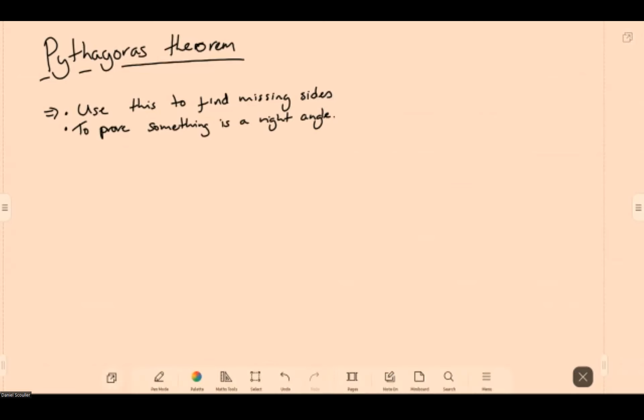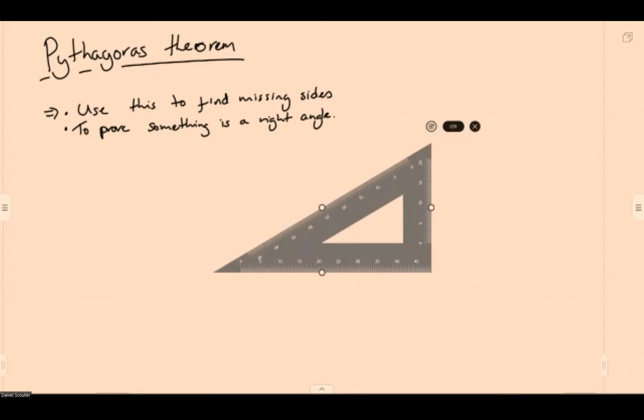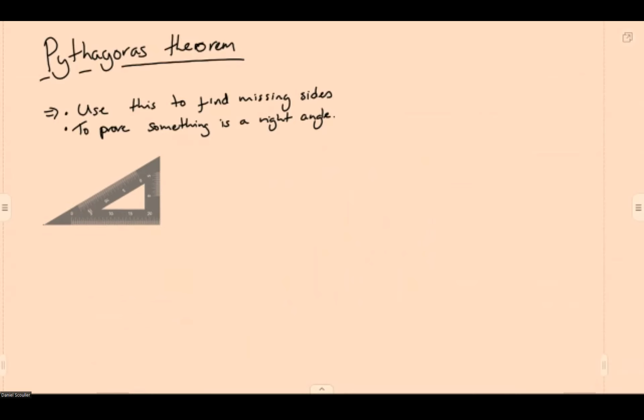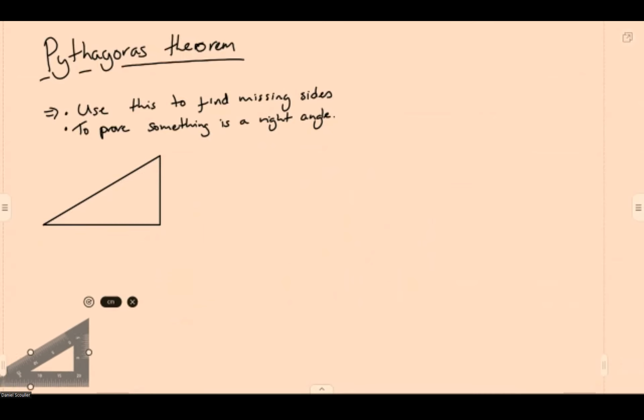Now, do I have a triangle? What have I got? All right, so Pythagoras theorem is used for a triangle with a right angle.